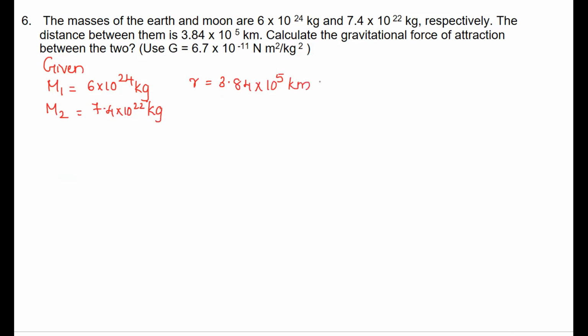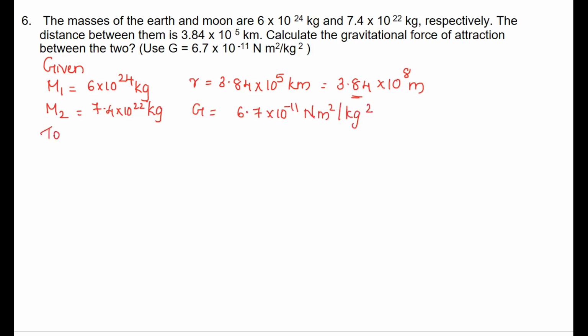It is given in kilometer, so to convert it into meter, multiply by 1000 or into 10 raised to 3. So 10 raised to 3 plus 5 is 8 meter. Now gravitational constant value is 6.7 into 10 raised to minus 11 Newton meter square per kilogram square.